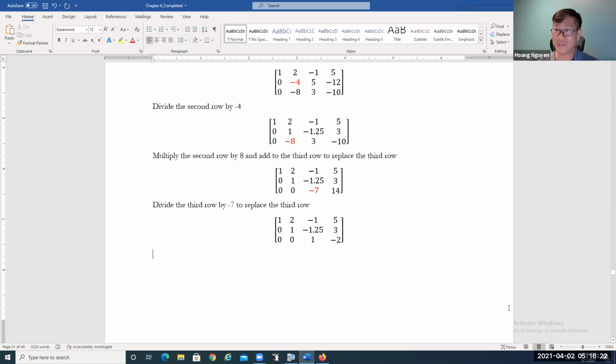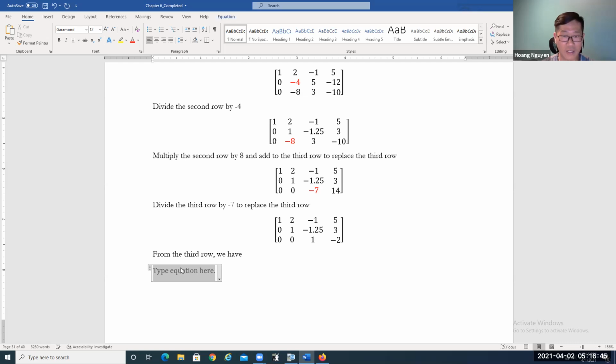Okay, this is what we have so far, everyone, right? Now, let's double check. The element on the main diagonal is already equal to 1, and the element below that is already equal to 0. So now we're ready to do back substitution, right?